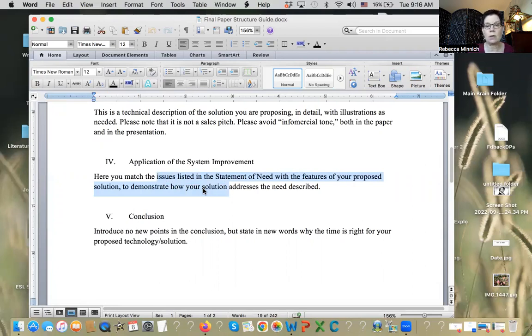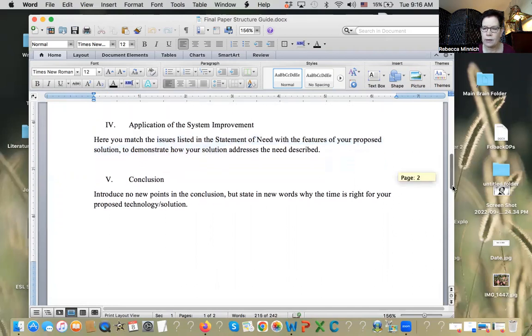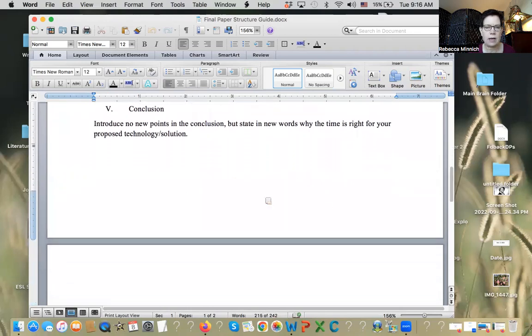How does your system improvement proposal solve the problems that you specified in your statement of need? Okay, and we will talk about that more as we get closer to our deadlines.